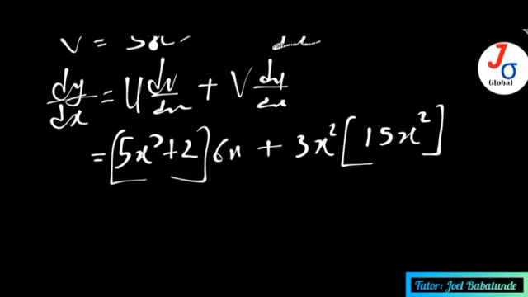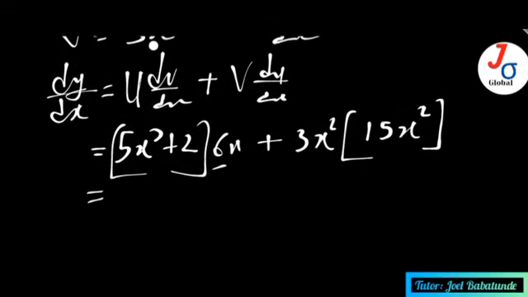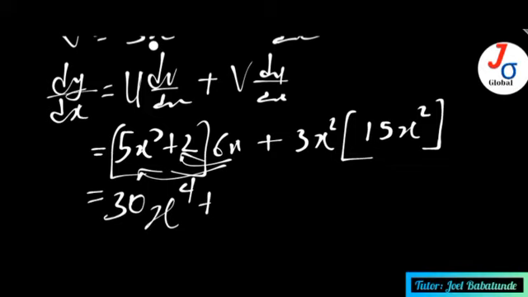Okay, so I have 6 times this. I have 6 times 5 is 30, then x to the power 3 times x to the power 1, that's x to the power 4, plus 2, this is 12x. Then this multiplied by this, 3 times 15 is actually 45, x squared times x squared is x to the power 4.